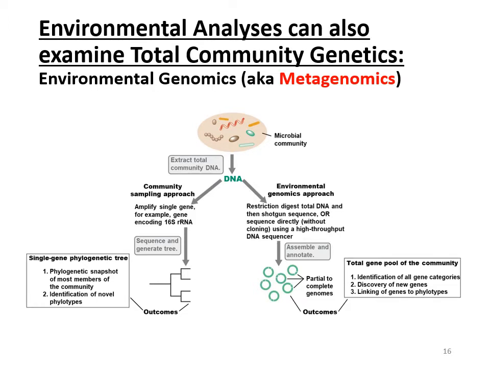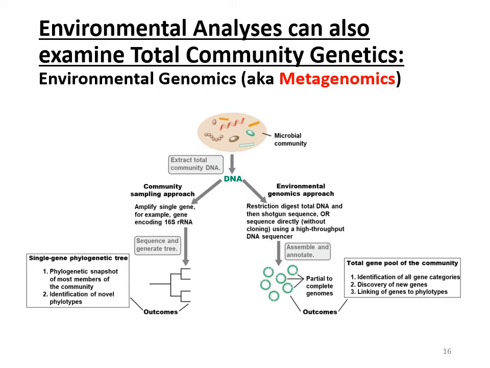Okay, so the previous slide was showing single gene analysis, basically looking at various microbes in a community, such as a pond, and looking at the differences and similarities of a single gene, let's say gene A, okay?